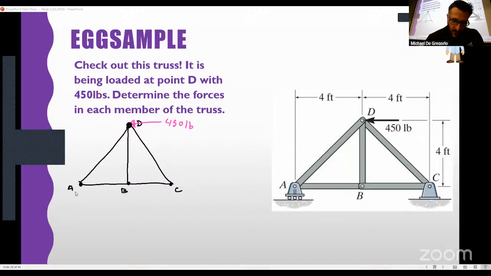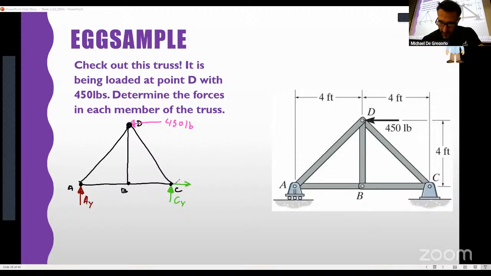I've got a roller down here. We know that a roller only has a normal force. And I've got this pin over here that I will cleverly call CY and CX.